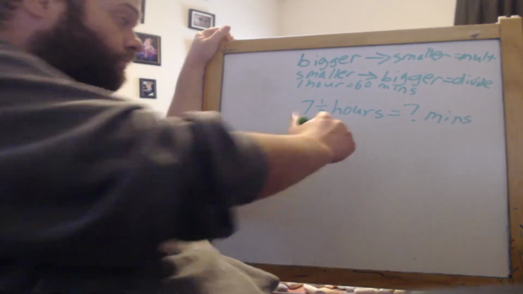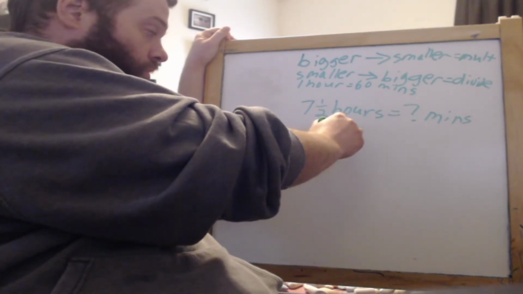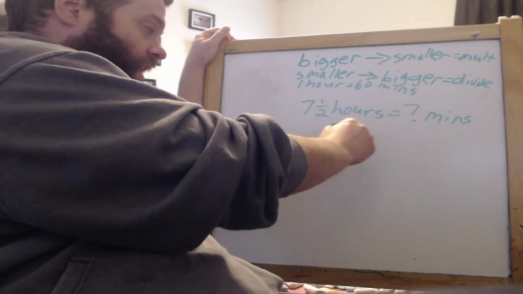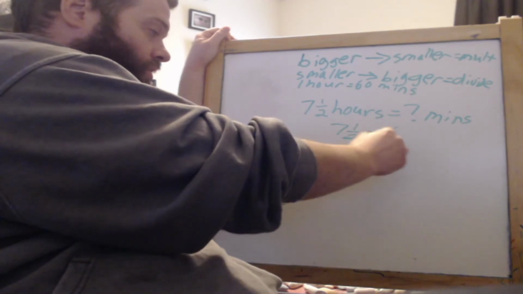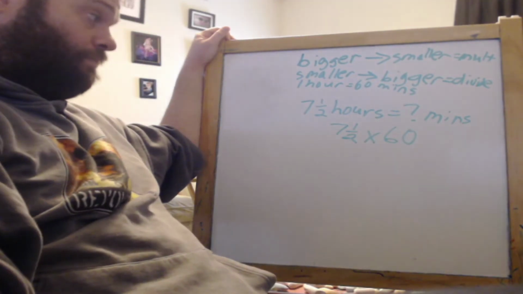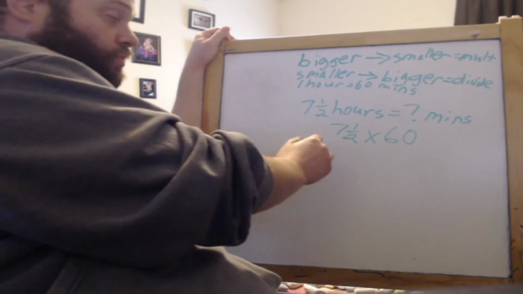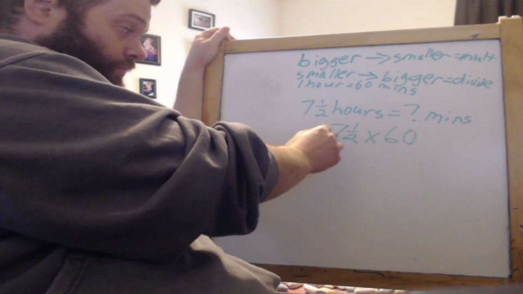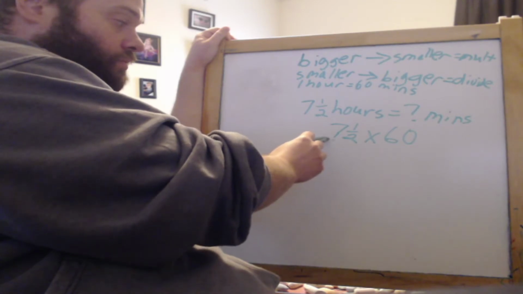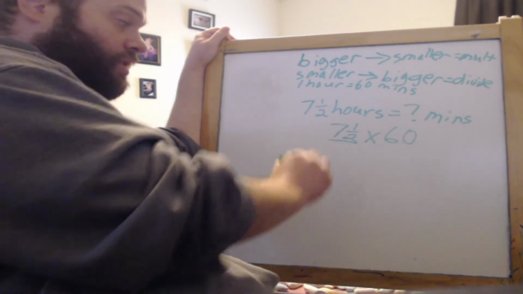So we have to go 7.5 times 60. Okay, so the easiest way to do this is you can just separate the mixed number.